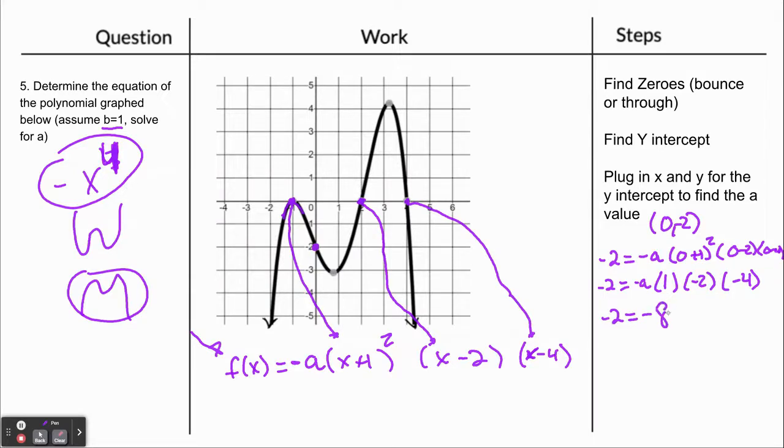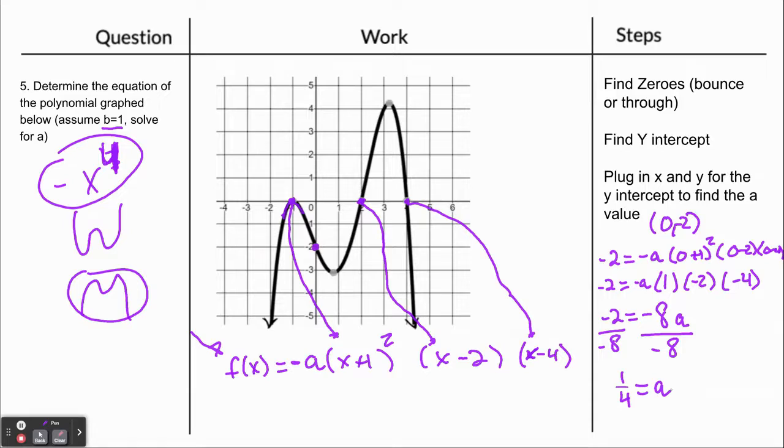So it's negative a times 8, which is the same thing as negative 8 times a. I want to get a alone, so I'm going to divide both sides by negative 8. What I end up getting is a is equal to 1/4.